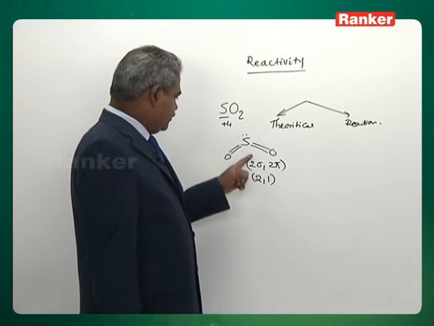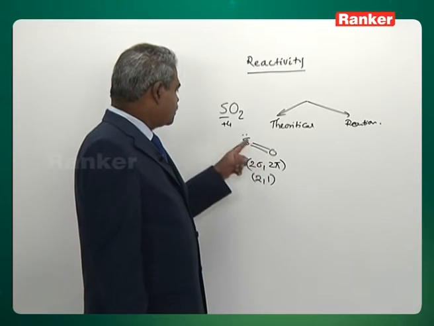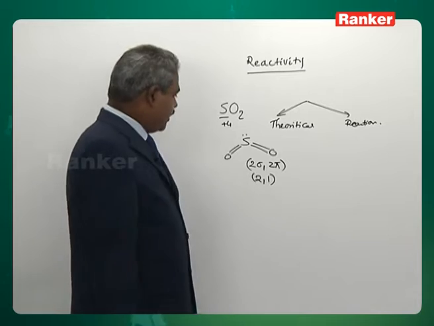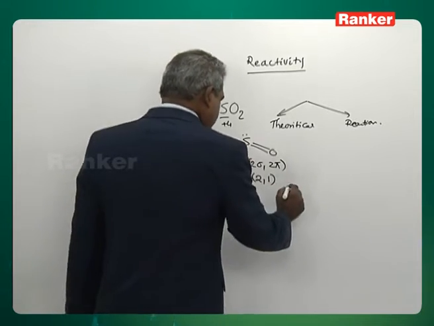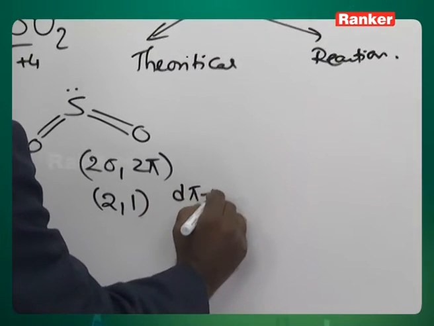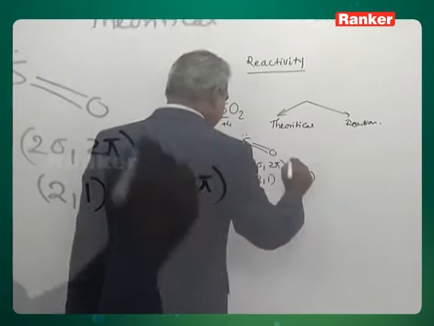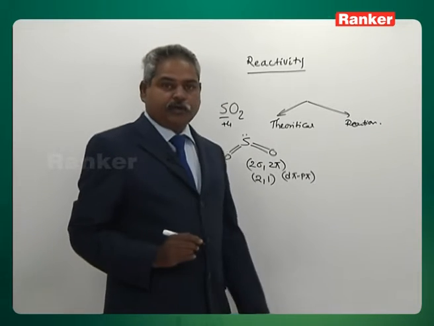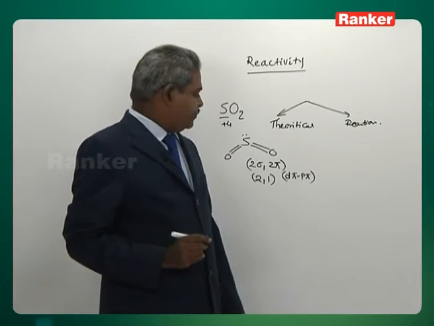The geometry, the sigma bonds, the pi bonds, lone pair, oxidation state, and one of the pi bonds is indeed a d pi p pi bond, a pi bond in which the d orbital of sulfur is involved.